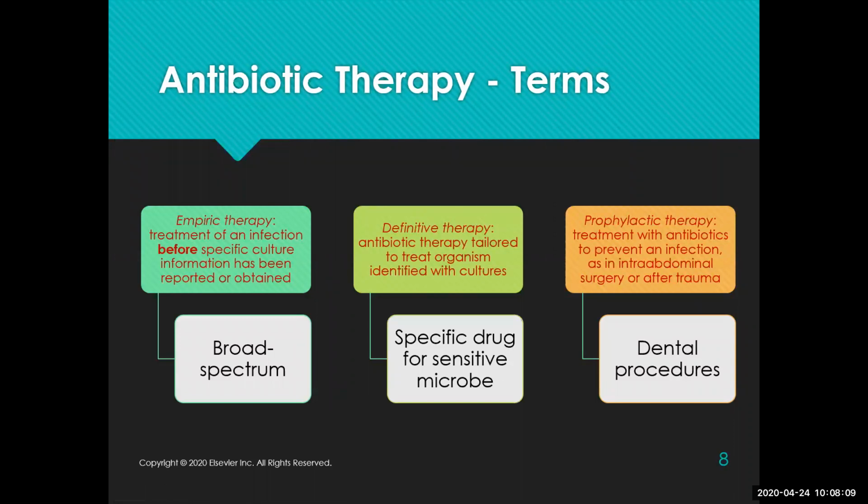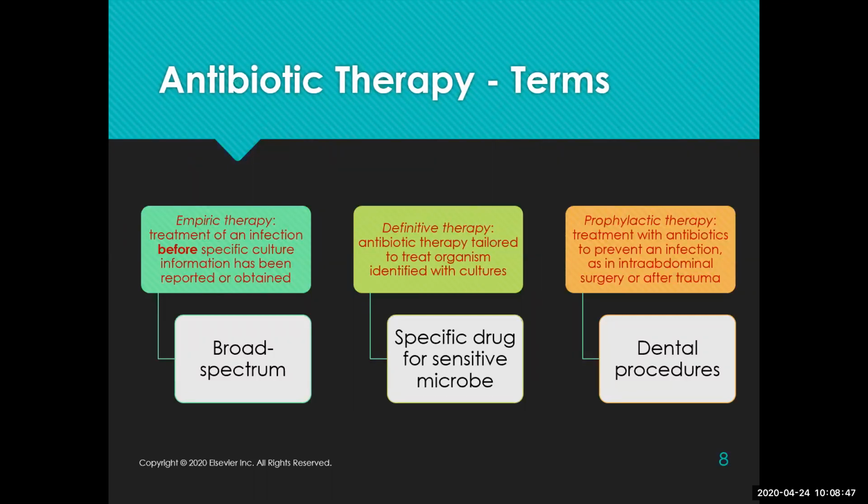Here are some terms that are important for you to understand and operationalize: empiric therapy, definitive therapy, and prophylactic therapy. Empiric therapy is something that we do before we take that culture and before the report has been obtained. So let's say you have somebody in the hospital who is demonstrating a fever, and we may think that maybe it's pneumonia, or maybe it's the wound that they have, or all these different possibilities.